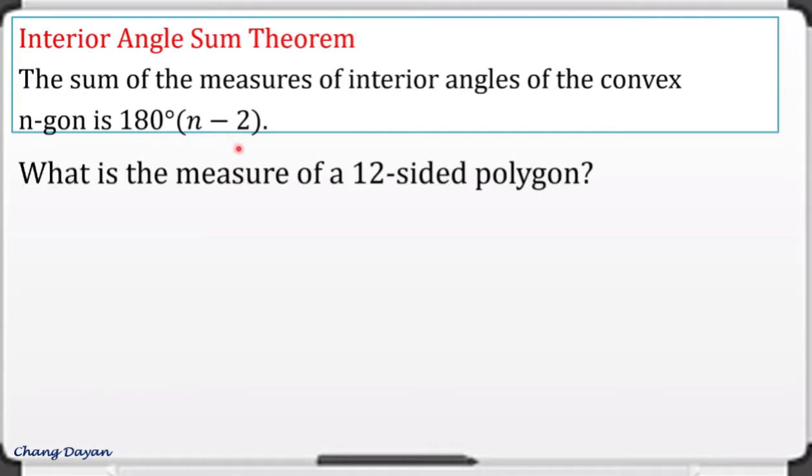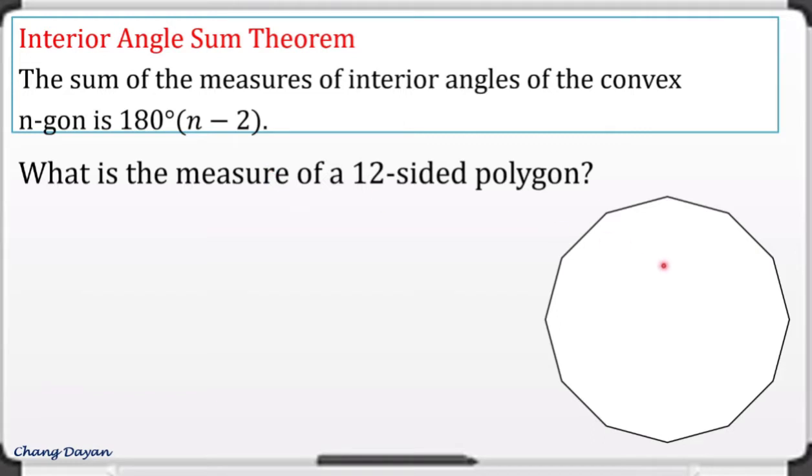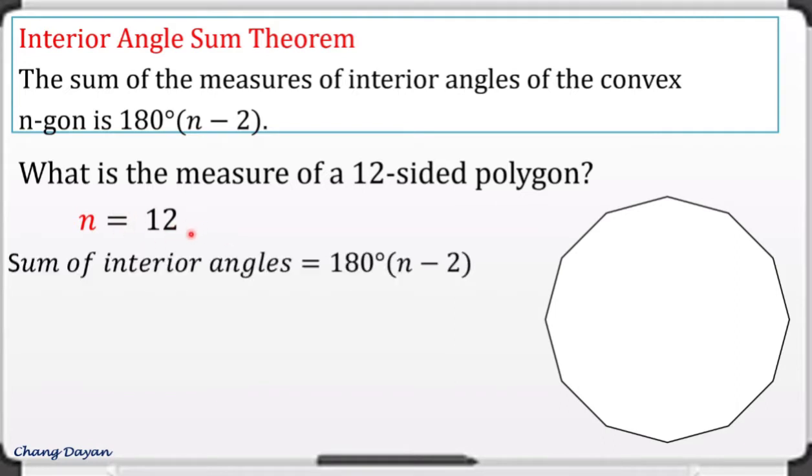So let us have, what is the sum of the interior angles of a 12-sided polygon? Okay, so this is our polygon. Our n is 12. Remember, n is the number of sides. And let us have the formula. Sum of interior angles equals 180 degrees times n minus 2.